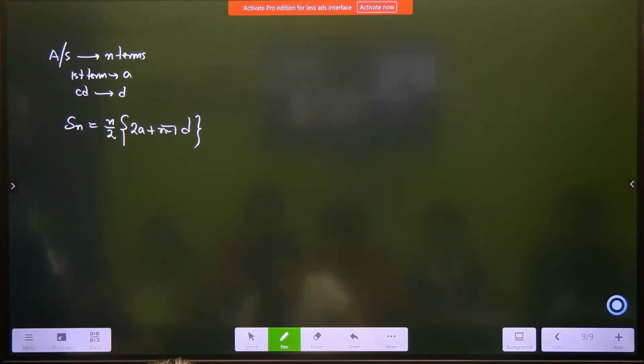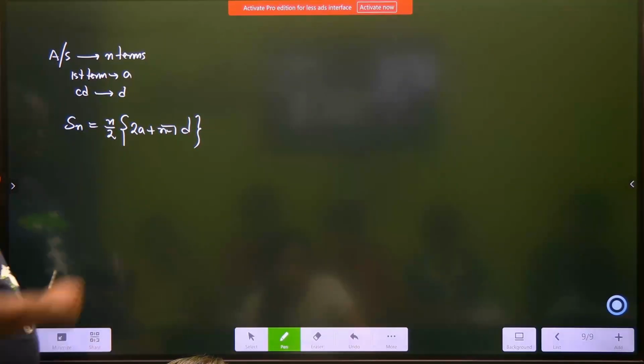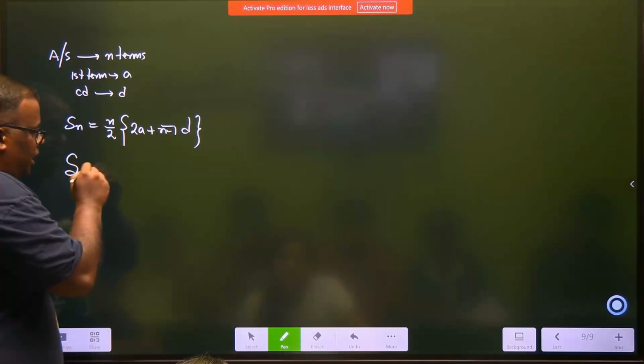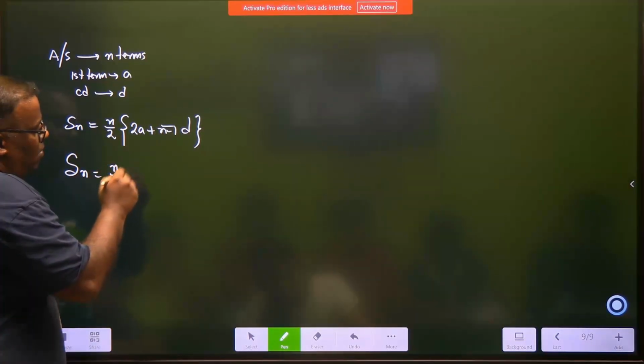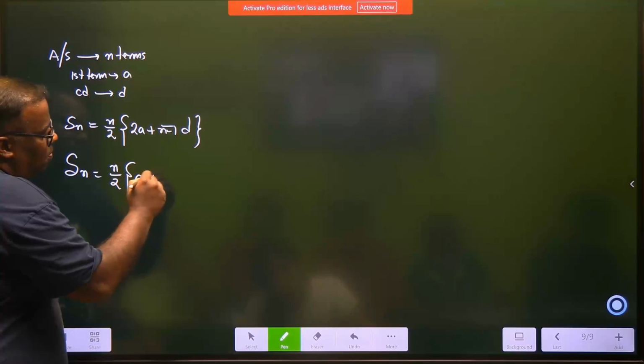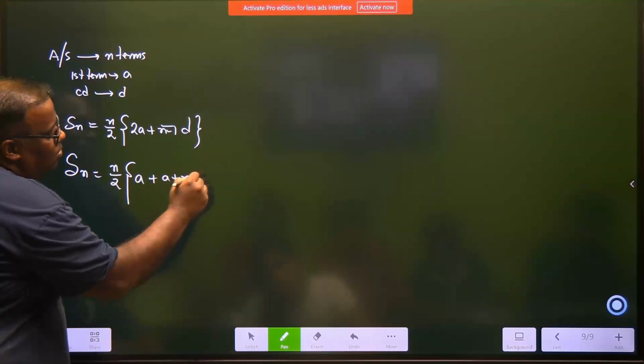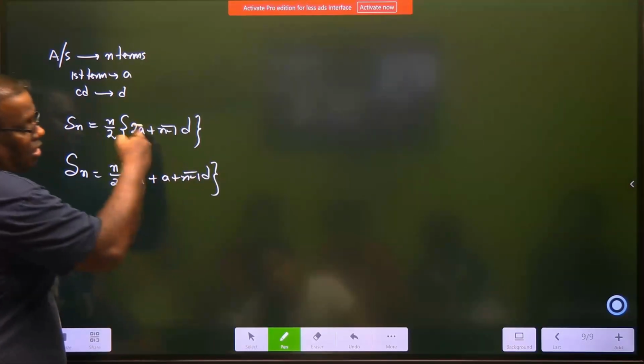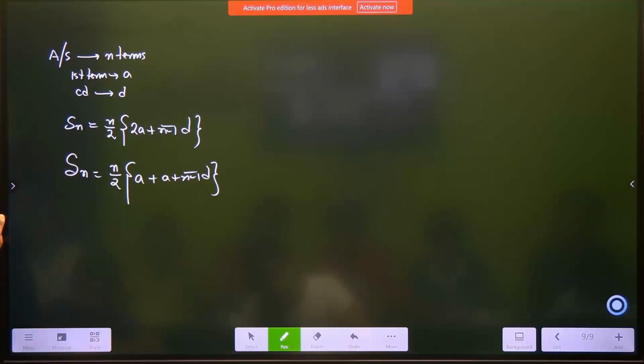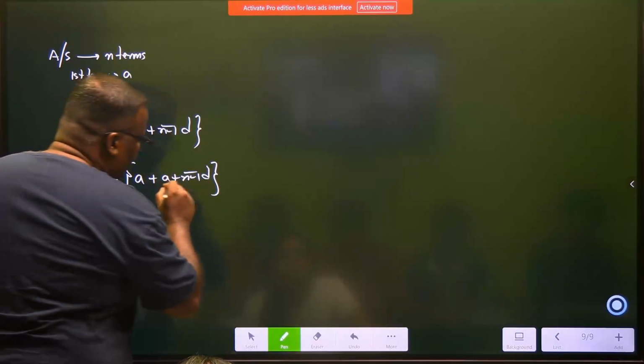Understood, children? Now we will do one more jugglery. I can also write Sn is equal to n by 2 into a plus a plus n minus 1 into d. We can split the 2a, right? Does this look somewhat familiar?